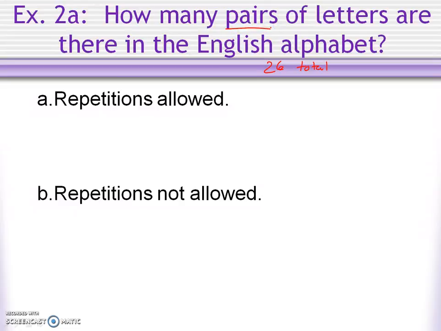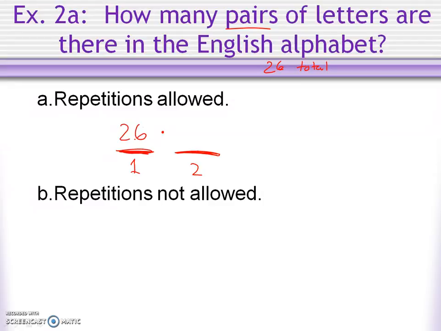The way I like to think about most counting problems is, for selecting two things, I like to draw little slots. So here's the first letter we're selecting. Here's the second letter we're selecting. First letter, second letter. Now, because repetitions are allowed, it doesn't really affect anything. For the first letter, we have 26 choices because there's 26 letters.